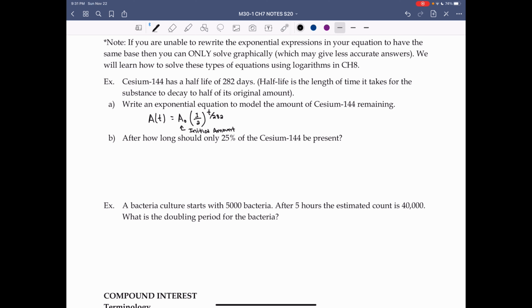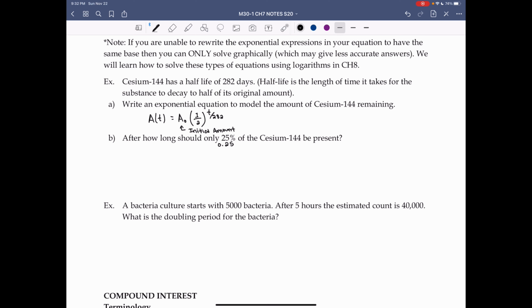Part B. After how long should only 25% of the cesium-144 be present? 25% as a decimal is 0.25. We don't know an initial amount, but we could say the initial amount is 100%, which is 1 as a decimal.